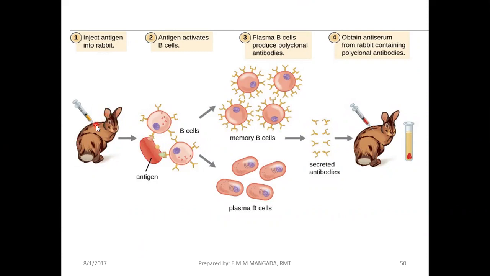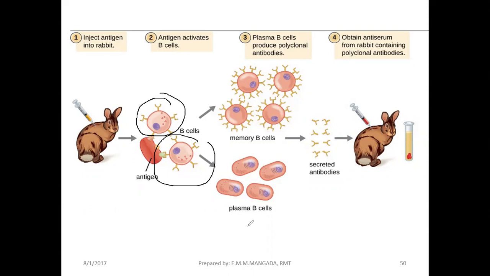Of course, the B cells of this laboratory animal will be activated by the antigen na inintroduce natin. So if you can see here, ito yung ating mga B cells. So these B cells are activated kasi nakabind na sila dun sa ating antigen.